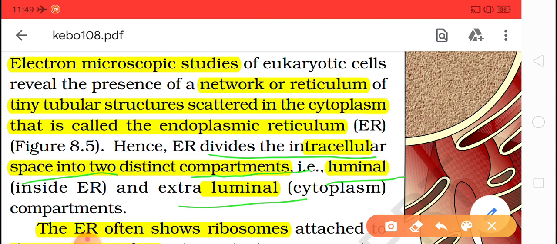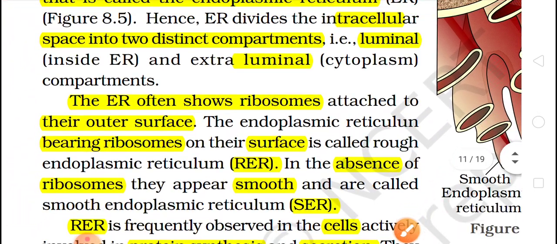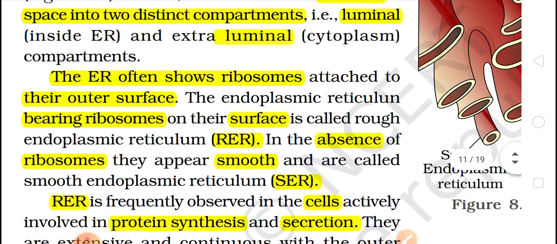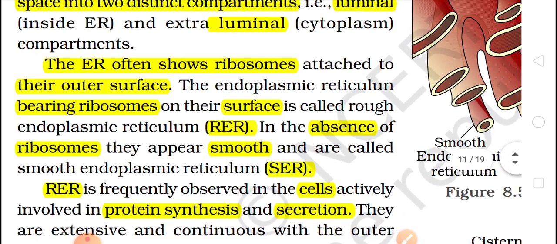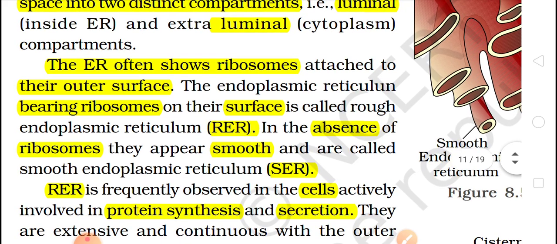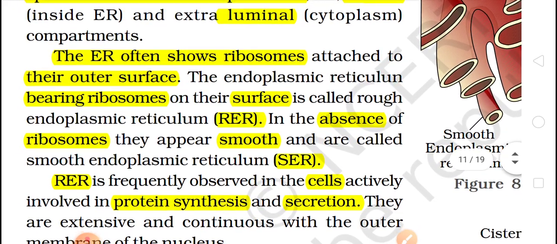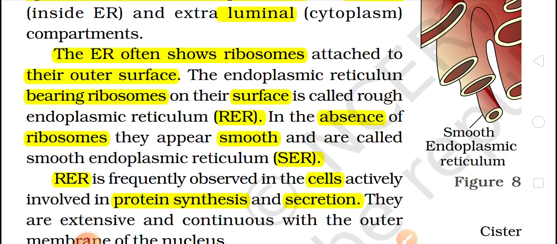Children, the endoplasmic reticulum often shows the presence of ribosomes on its outer surface, and these ribosomes play a very important role in protein synthesis.